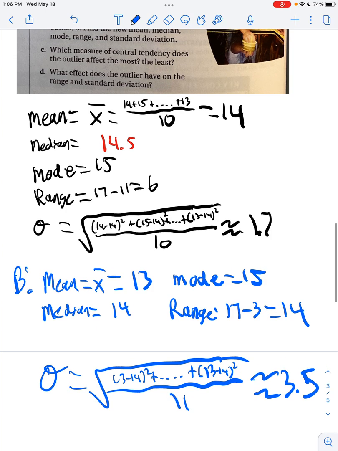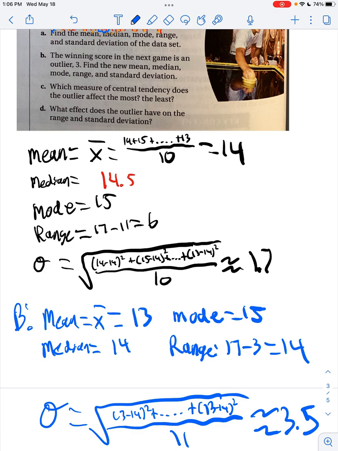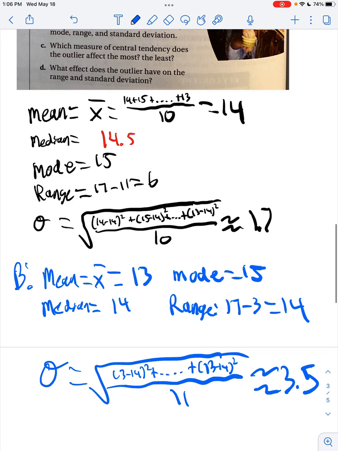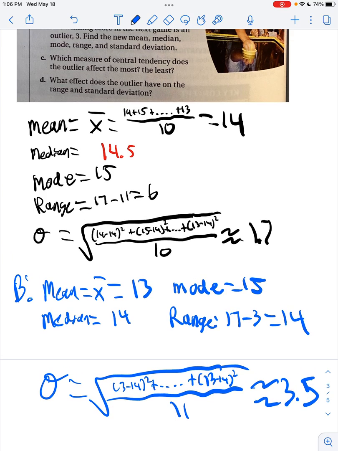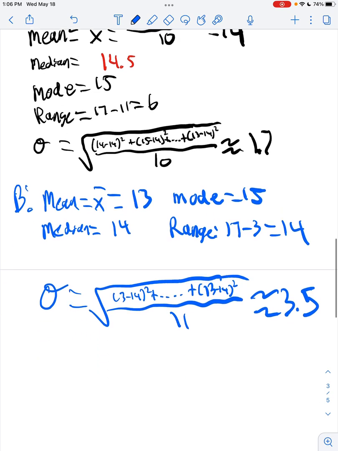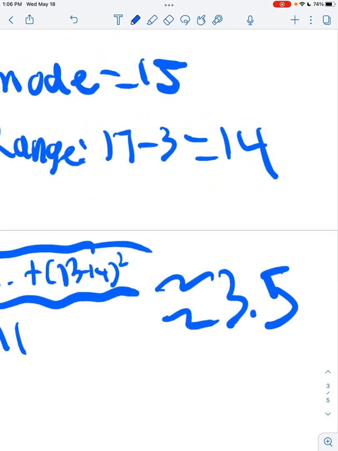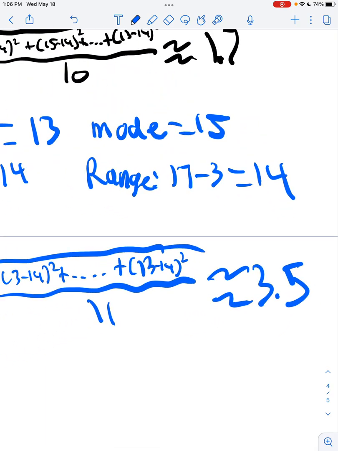So we already did see which measures the outlier affects the most. It definitely affects the average, standard deviation, and range. It could affect the mode. It didn't. And it did affect the median, but a little bit. Again, notice that my range increased dramatically and my standard deviation did because of that one outlier.